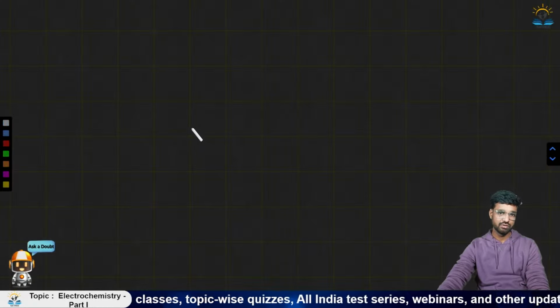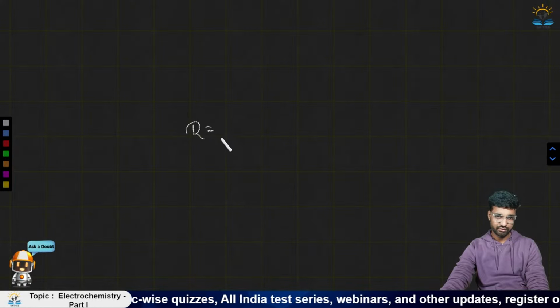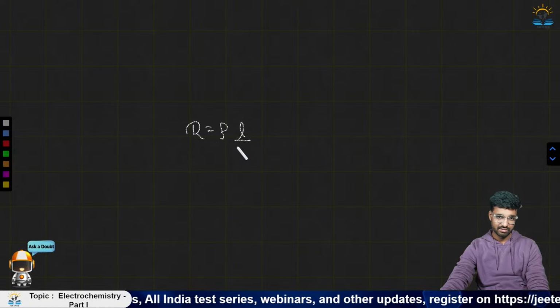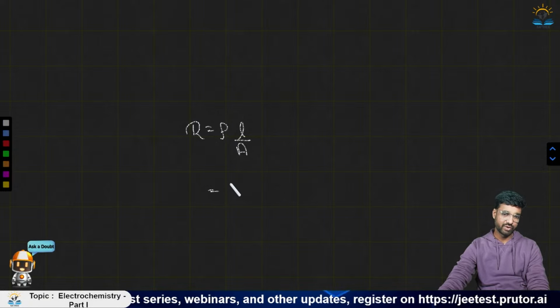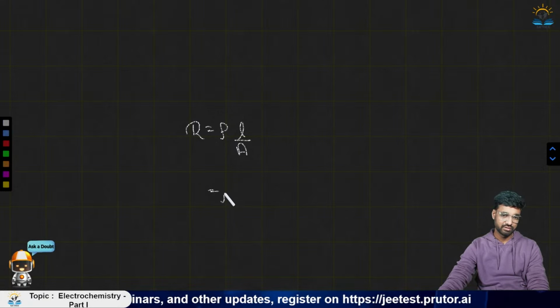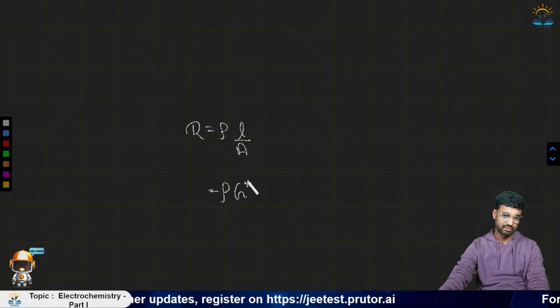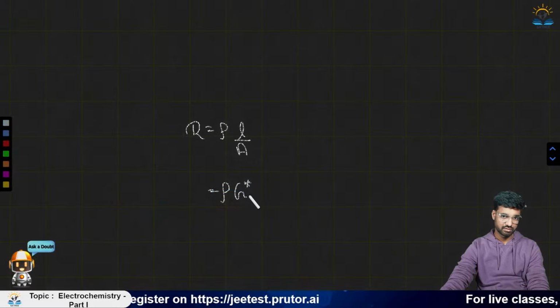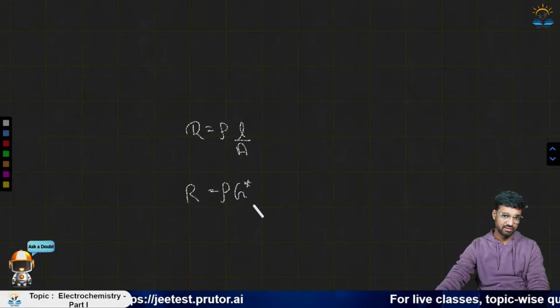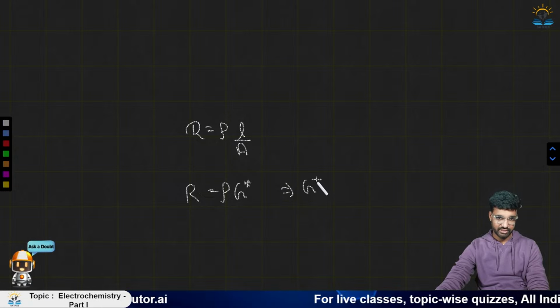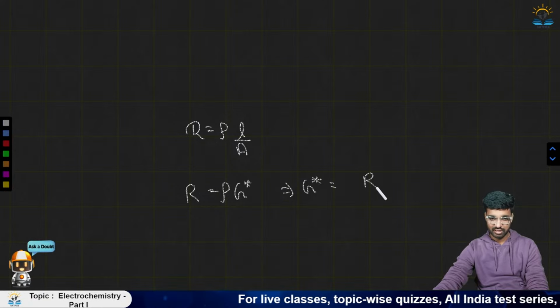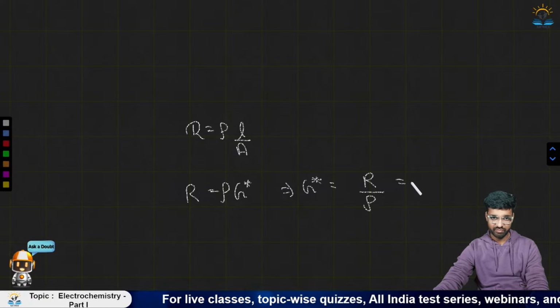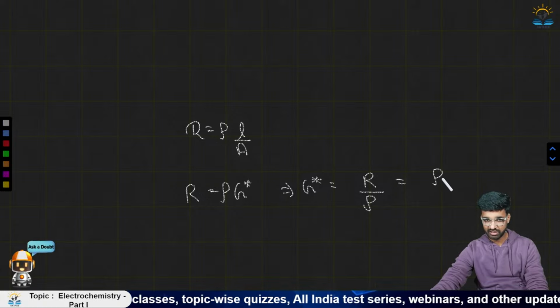How is it so? You know the formula R equals rho L by A. Now we have defined a new parameter, that is the cell constant, G star. Then G star will be equal to R times 1 by rho, and we know that 1 by rho is nothing but conductivity, which is kappa.